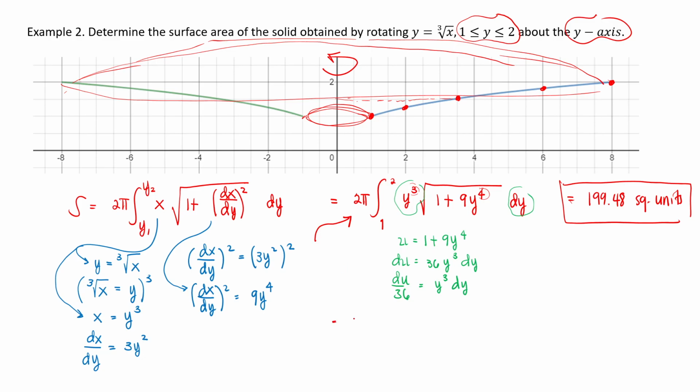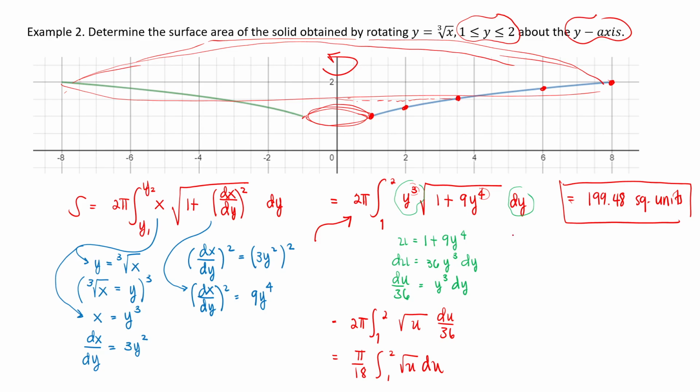So this becomes 2 pi from 1 to 2 of the square root of u, and then du over 36. So this becomes pi over 18, from 1 to 2, square root of u du.